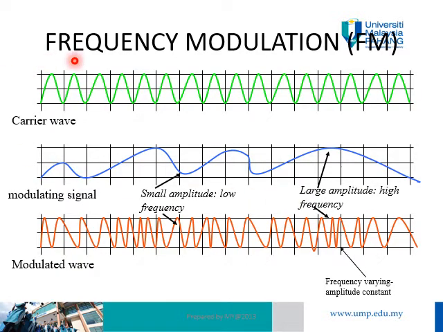So this is the general figure showing the carrier signal, the modulating signal, and the output of the FM modulated wave. We can see here this is the carrier, with constant amplitude and constant high frequency.